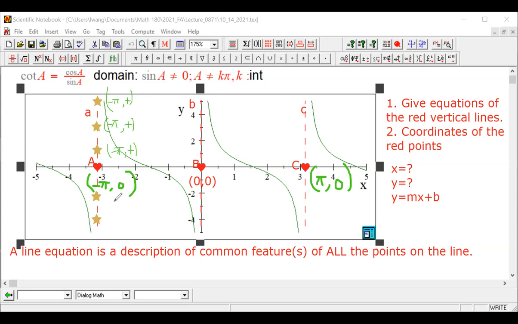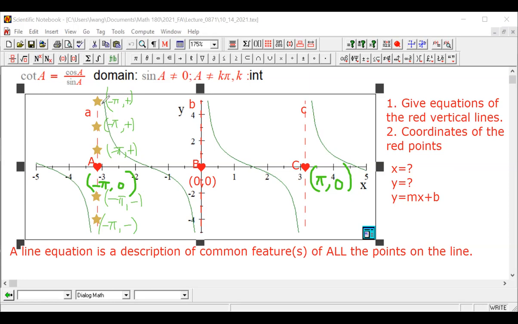And keep going: this point is also negative pi, but this time the y coordinate is negative, different from all of the above.